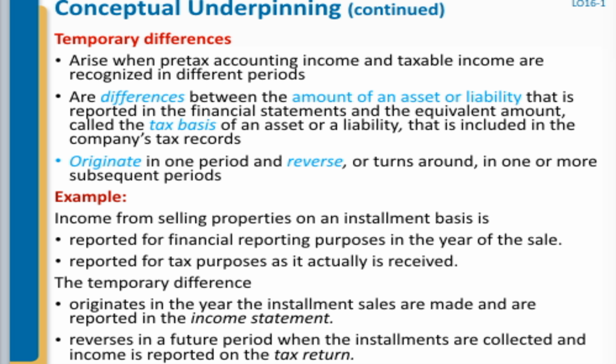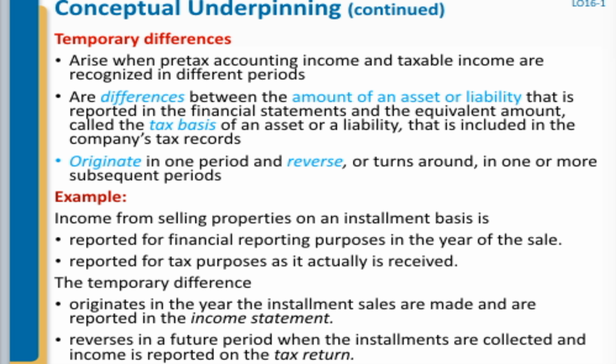When you're talking about differences between what you have to report on your taxes and what's on your financial statements, the differences can either be temporary, which means, hey, the tax code says recognize income this year. The financial statement GAAP regulations say recognize it next year.